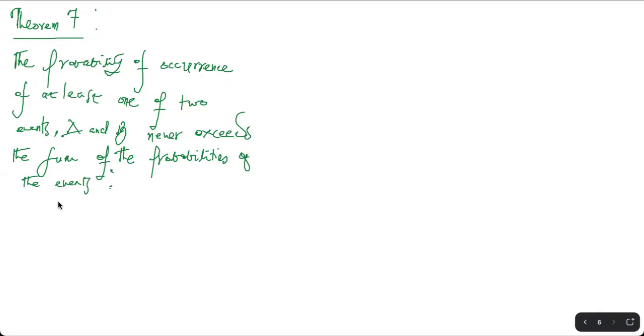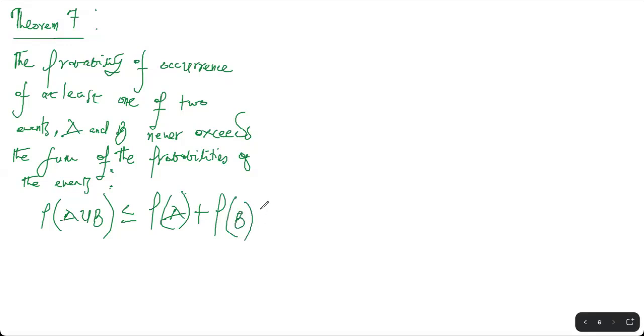And this is what exactly we mean by that. So the probability of A union B would always be less than or equal to the sum of the probabilities. This is sometimes called the Boole Inequality.